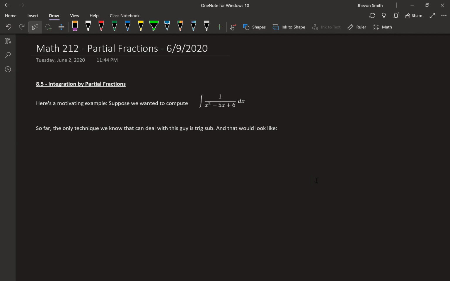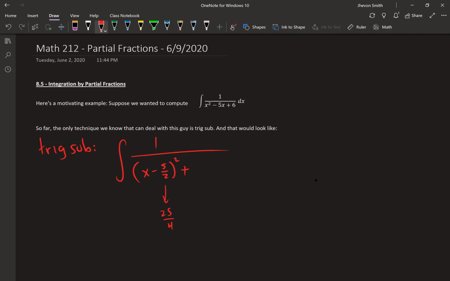Now, based on what we've done up to this point, you'd realize that a regular substitution is not going to work, and simplifying this is not going to work out. How are you going to simplify 1 over that quadratic? If you were to use a trig sub, you would need to complete the square. So this is going to look like x minus 5 over 2 squared plus, if you square this, you would get 25 over 4.